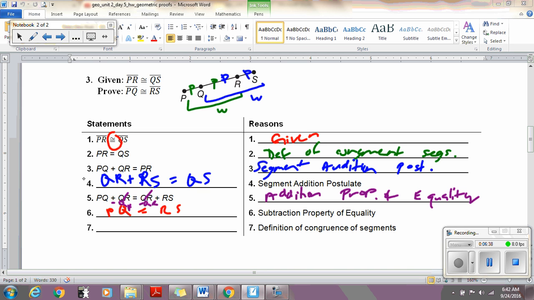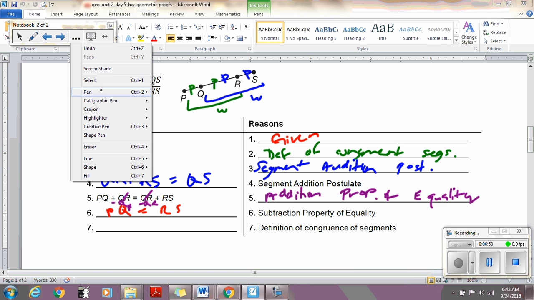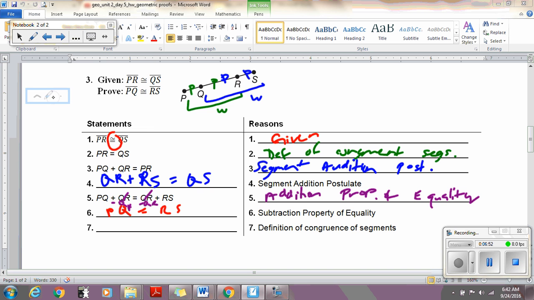And then since we know PQ equals RS means that the measures of those two segments are equal, that means we can say that they are congruent. So segment PQ is congruent to segment RS. And it's by definition of congruent segments.